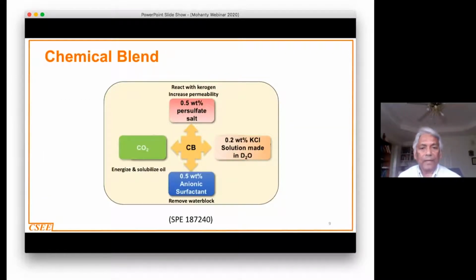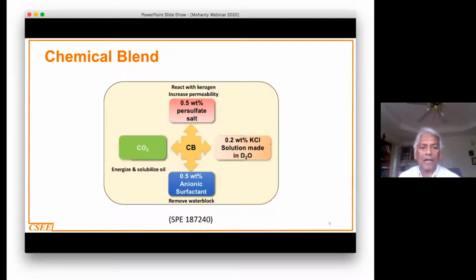So the chemical blend we are working with right now basically starts with a KCl brine. Actually, instead of water, we use D2O, deuterated water, because it doesn't have any signature in NMR, so we can distinguish the injected liquids from the reservoir liquids or the core liquids. And then we add half a weight percent anionic surfactant.